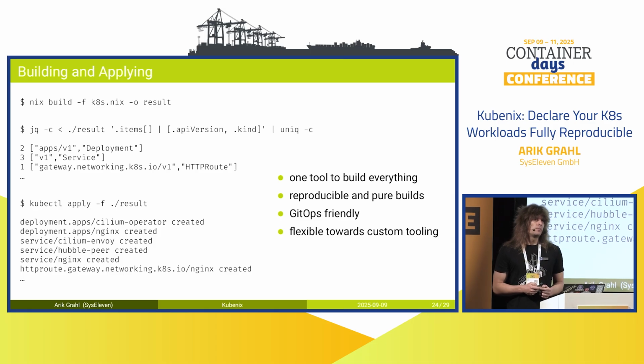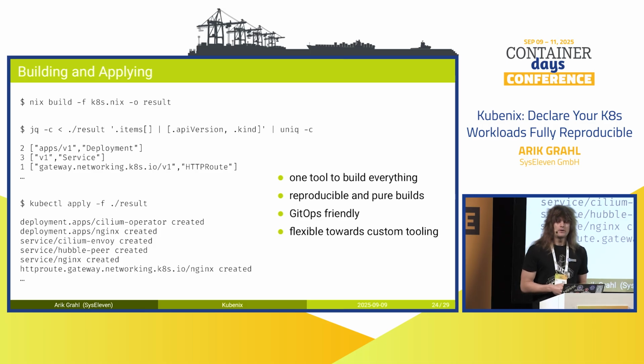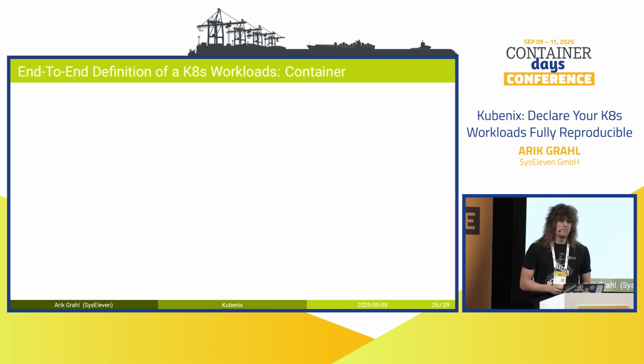Since Nix is very powerful, we can add arbitrary custom tooling to this process if it's needed, also without putting an extra burden on the developers. So in short, Nix and Kubenix turn this complicated puzzle of Kubernetes configuration management into a single, predictable, and developer-friendly pipeline. But why stop at just managing manifests?